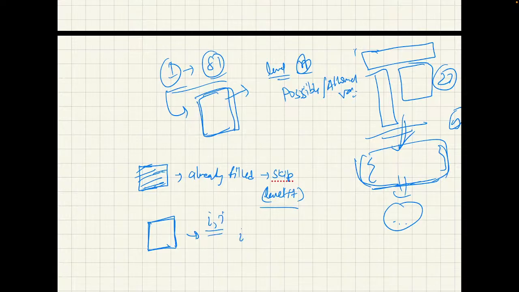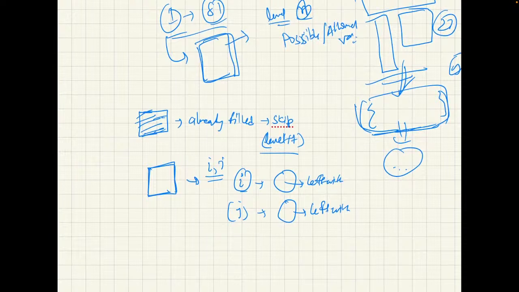So we check at the i level what values we are left with. We check at the j level what values we are left with. And then we check this level. So this is really important.